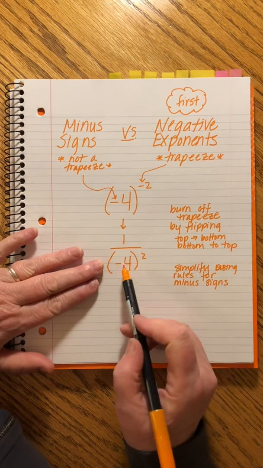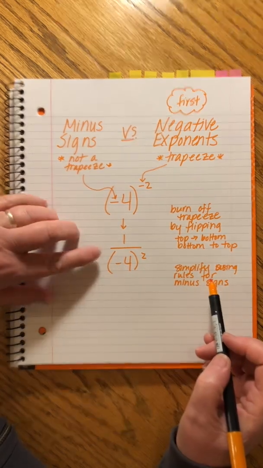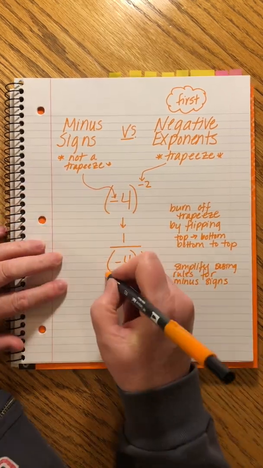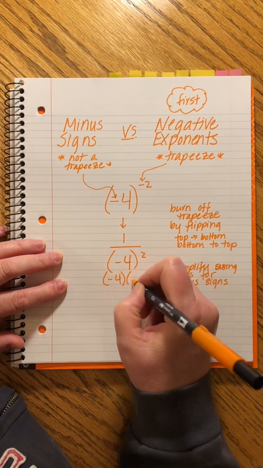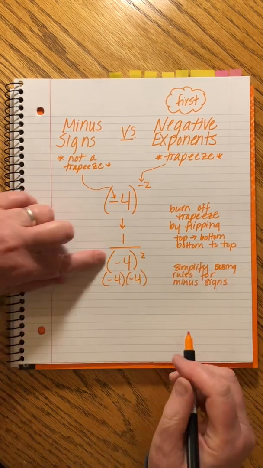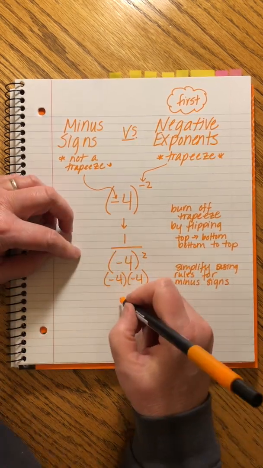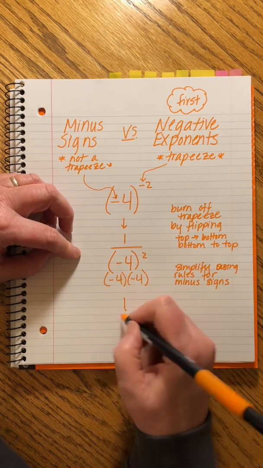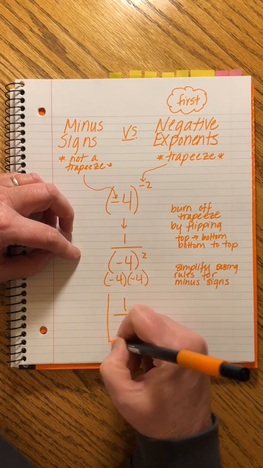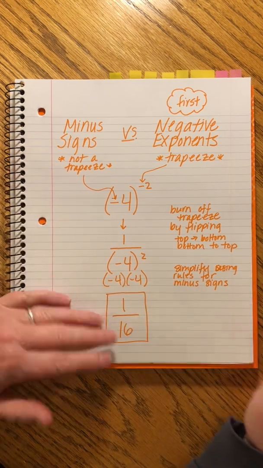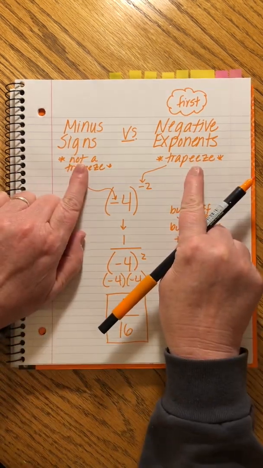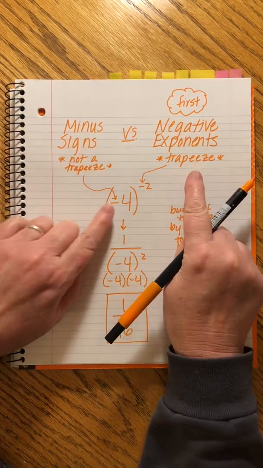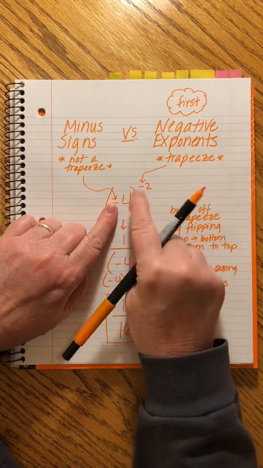Okay, and so we use our regular rules for minus signs. We can't cover that one up, so we know this is actually -4 times -4, right? That's the rule for if you can't cover it up. And so our final answer is 1 over 16. So this is just a little review to help you remember the rules for regular minus signs versus negative exponents.